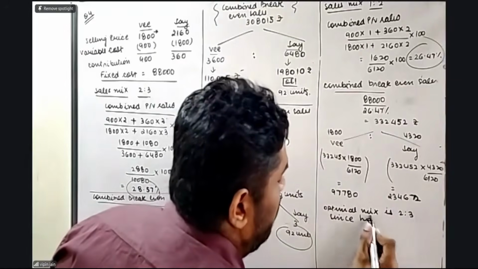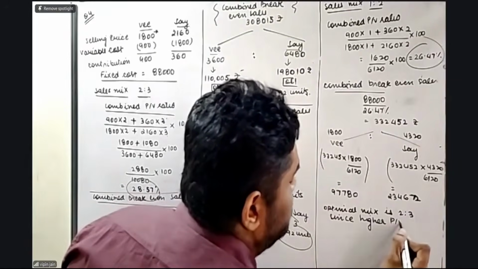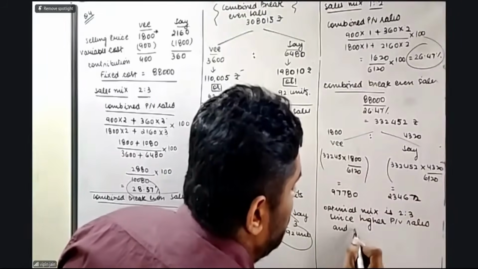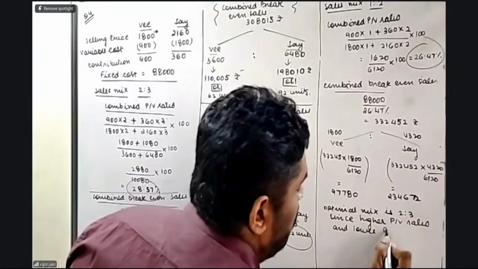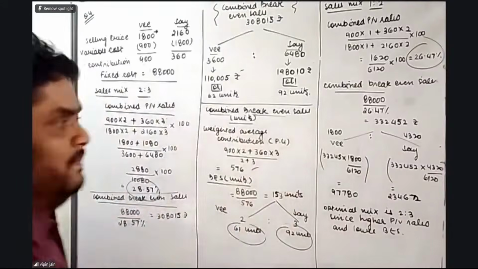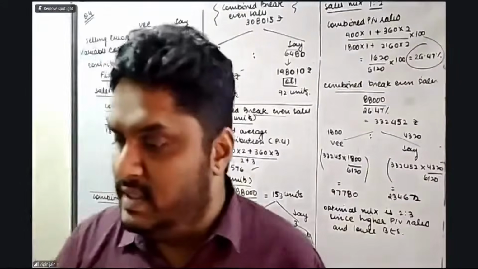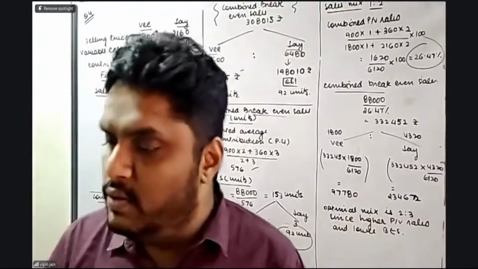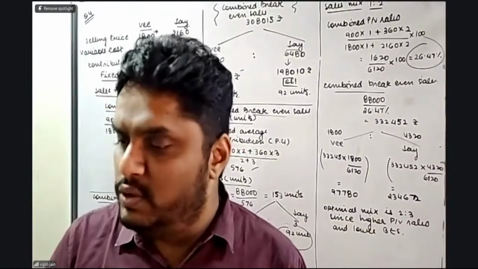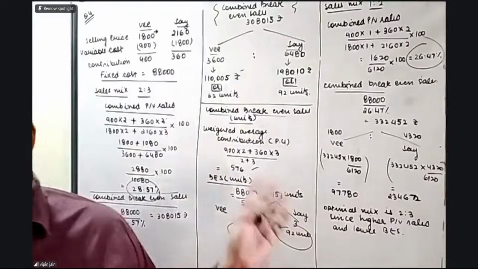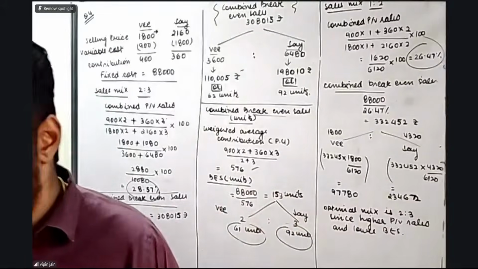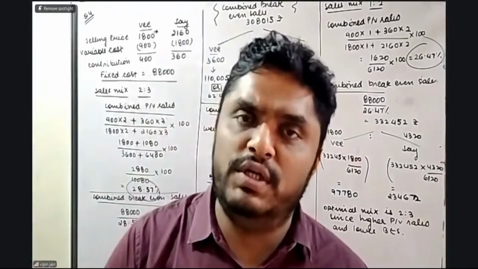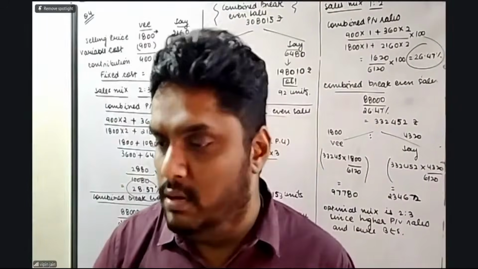since higher PV ratio and lower break-even sales. So this is the way you guys have to deal with it. Anyone with any doubts or queries, you guys can please post your queries. In the meanwhile, giving you 2 to 3 minutes time to copy this explanation. Along with this, do write your explanation along with the solution that what you have understood.